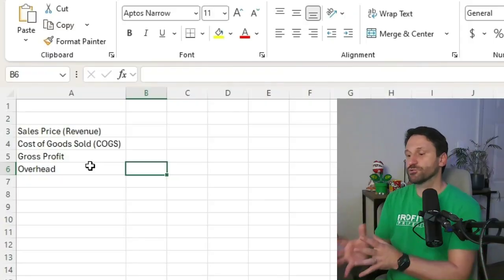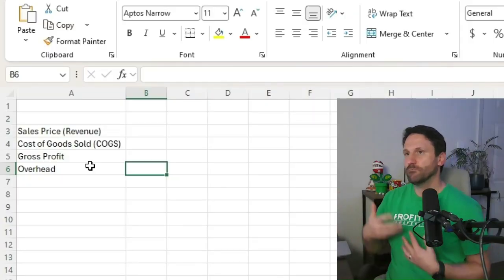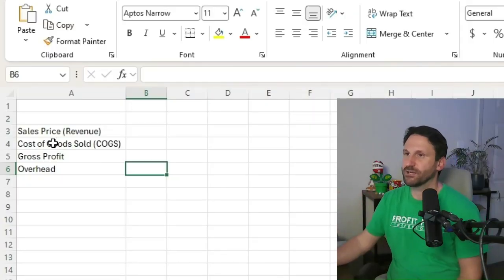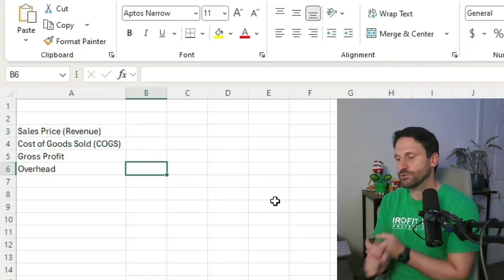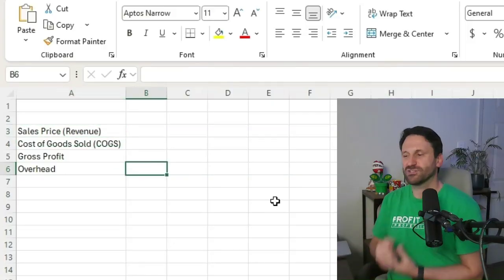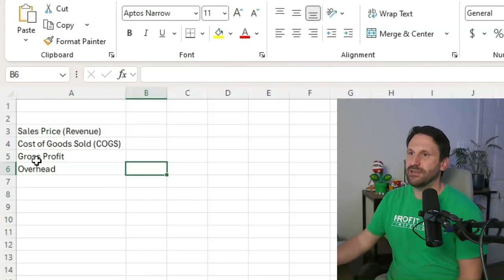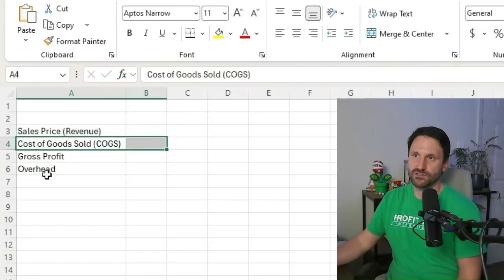The cost per subscriber might decrease in total, but that total subscriber count doesn't necessarily equal sales price. So anyway, overhead would be like your software subscriptions, any incidental supplies, journals, professional fees, anything you need to run the business that isn't a direct cost of the thing you just sold.